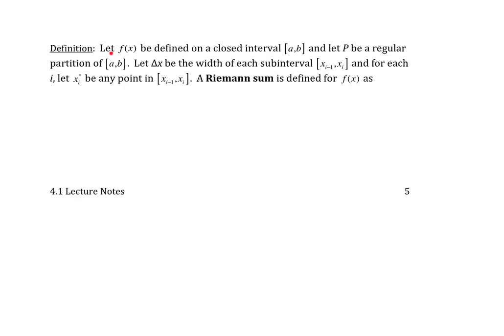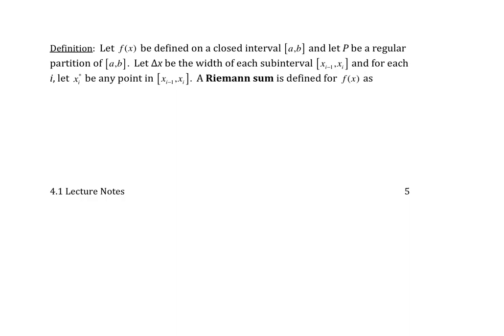So if we let f of x be defined on a closed interval, and let P be a regular partition of this interval [a, b], delta x is going to be the width of each subinterval. And for each i, we're going to let xi star be any point inside of here.